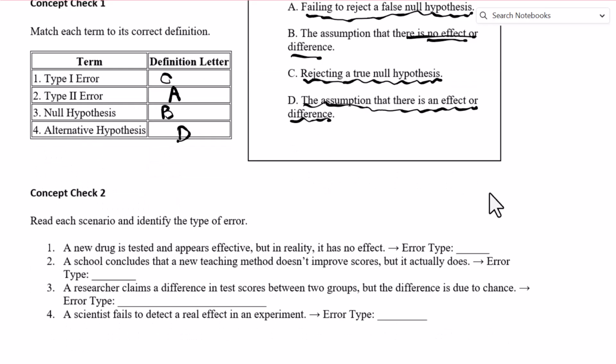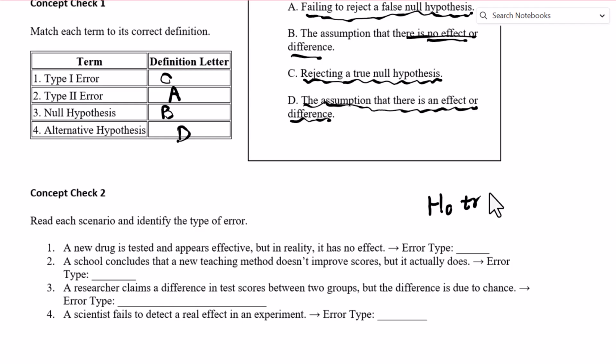Concept check 2. Read each scenario and identify the type of error. A new drug is tested and appears effective, but in reality it has no effect. Just check whether H0 is true or not true.